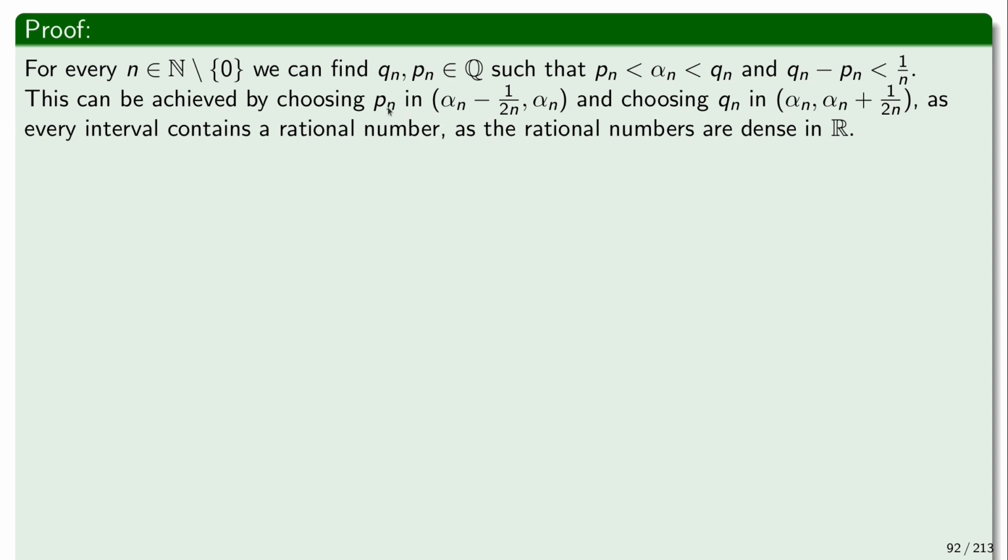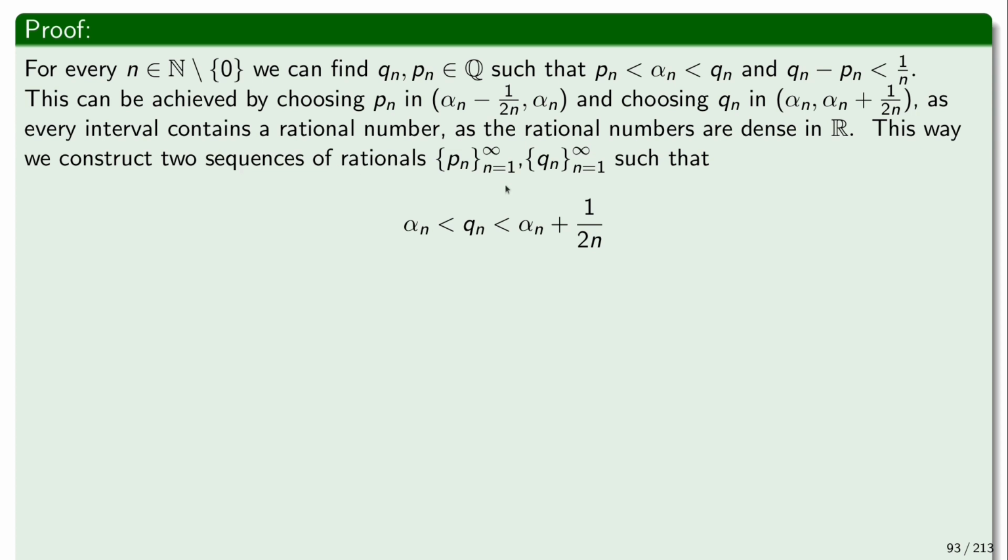Therefore, Pn is strictly smaller than alpha n, and Qn is strictly bigger than alpha n, and the distance between Pn and Qn is less than the width of the entire interval, which is twice 1 over 2n, which is 1 over n, and this would complete this step.